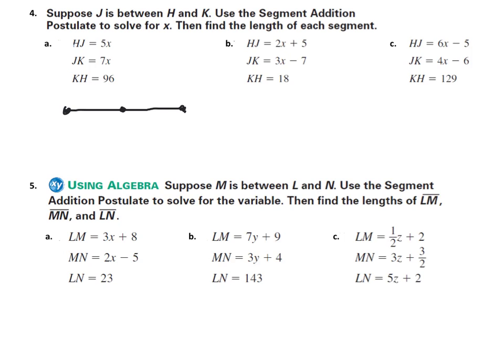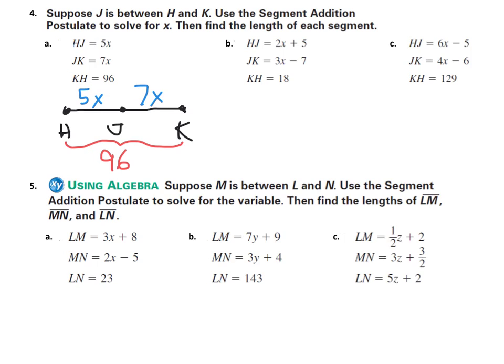So let's say that this is point H, this is point J, and then this is point K. So HJ is 5x, JK is 7x, and the whole thing is 96. As you can see, HJ is part of the whole thing, JK is the other part of the whole thing.